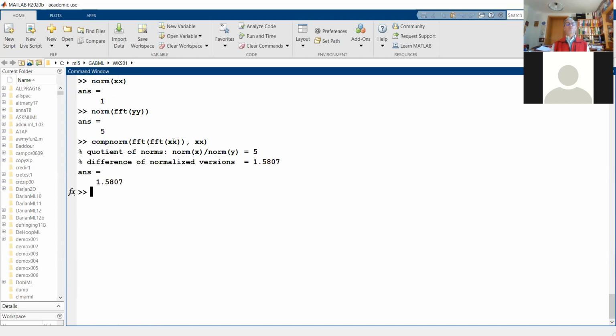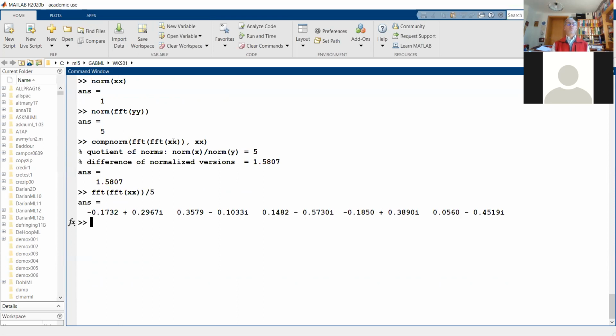And we see they are differing in size and in value, but if you would look closer, you would maybe, well, maybe I'll compare it. The FFT of FFT of x divided by 5 is one thing, and you take the x here.